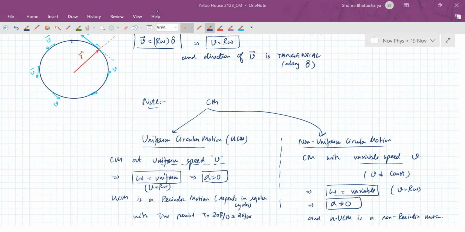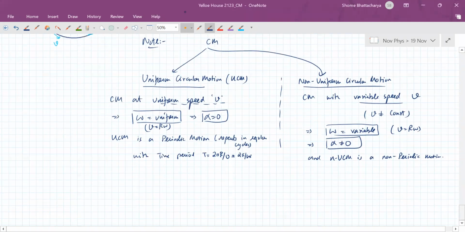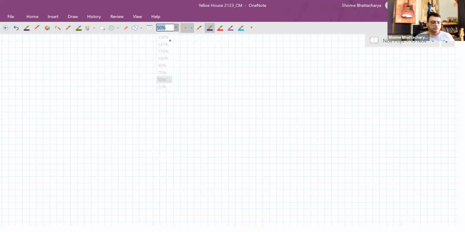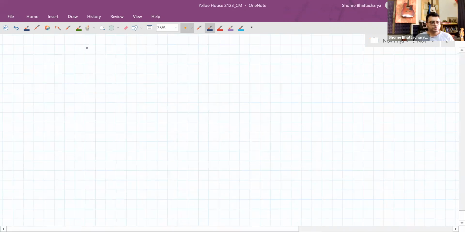Okay, so now let us understand acceleration in circular motion, which will come from the following definition, that acceleration is rate of change of velocity. But we will understand acceleration for each of the individual classifications of circular motion separately. So when we are discussing about acceleration for a circular motion, we will first look at uniform circular motion.